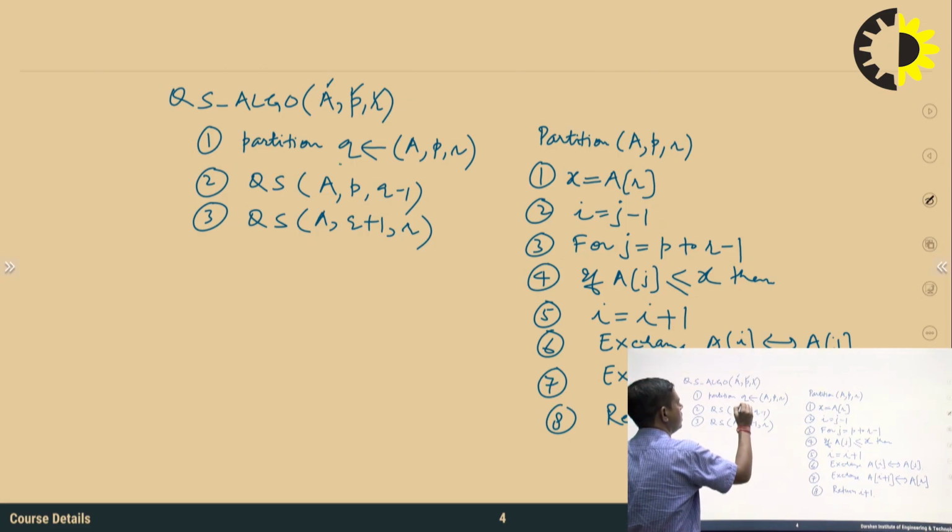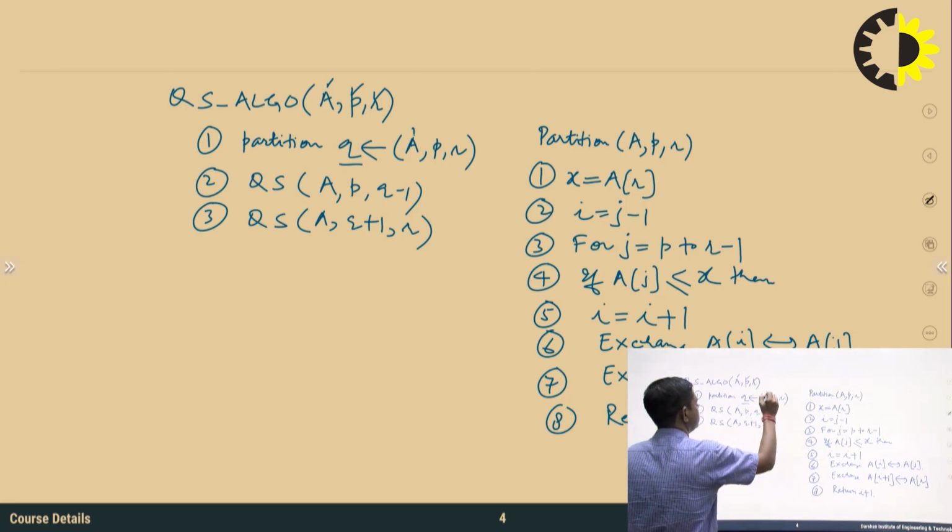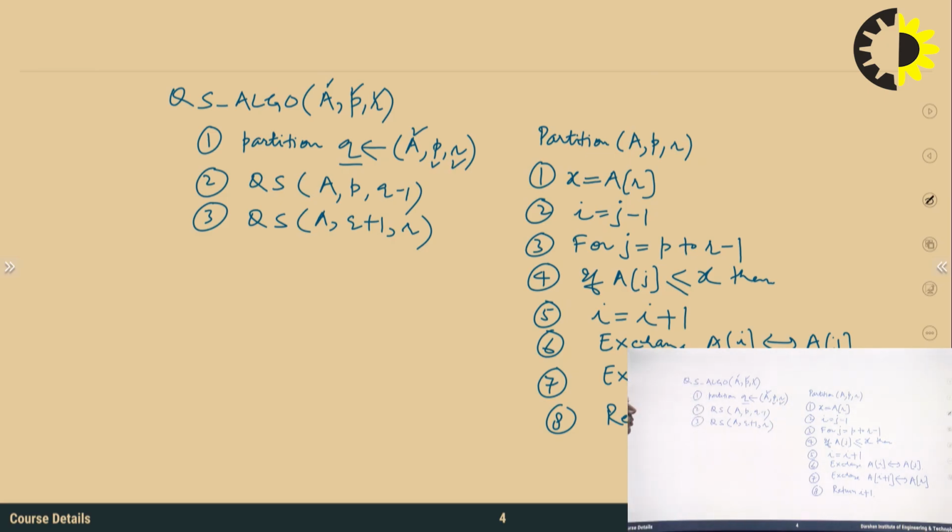For example, after partition, we are doing partition from P to Q and Q plus 1 to R. After partition, the first sublist will be P to Q minus 1 and the second sublist will be Q plus 1 to R.